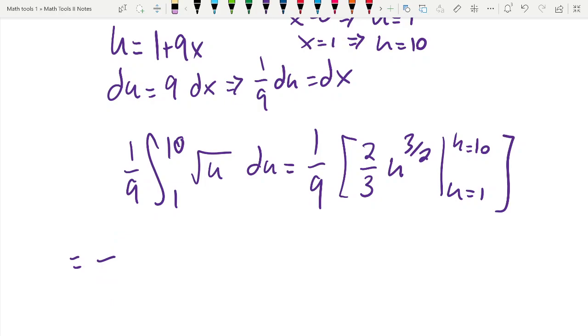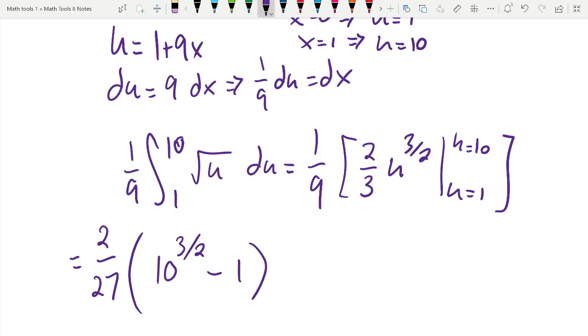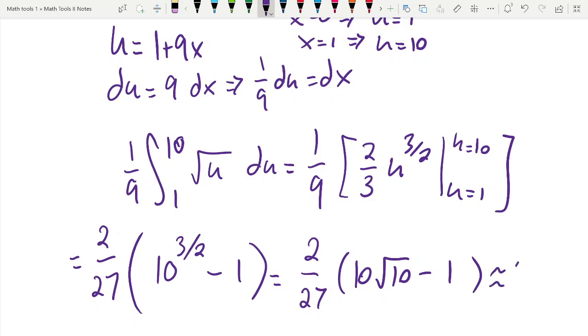So this will be 2/27 times 10 to the 3/2 minus 1. Okay, and there's no good way to simplify this for an exact answer. Best you could do would be 10 root 10. But that's about as best you can get. So you could throw it in a calculator. The approximation here should be 2.268. Okay, so that tells us the length of this arc.